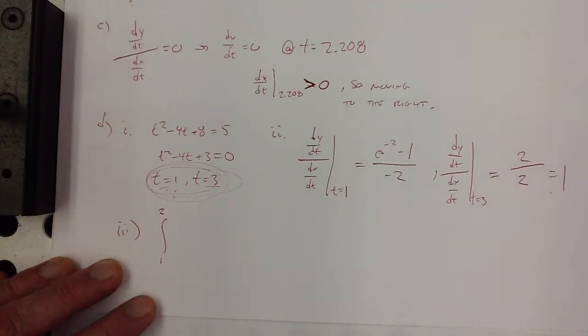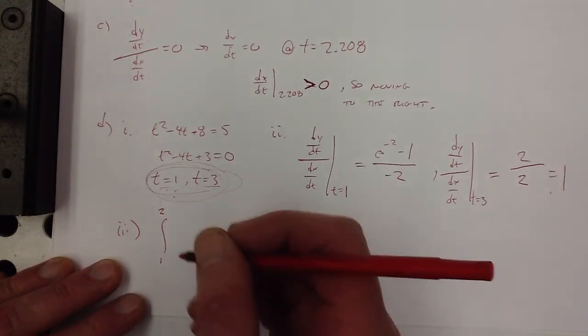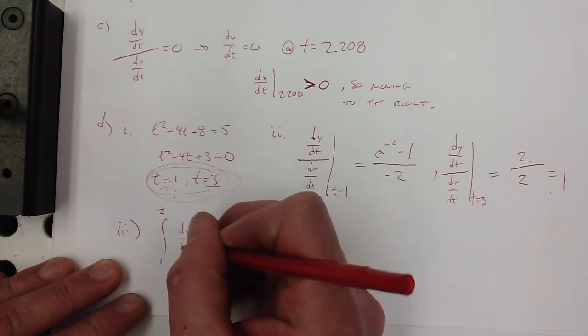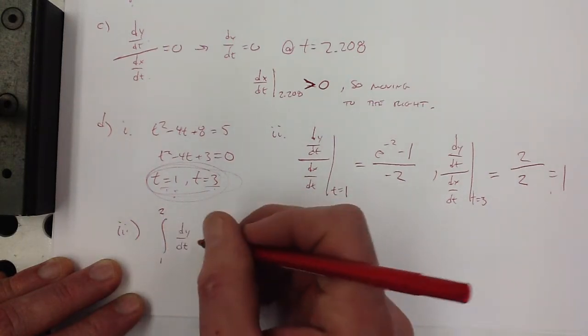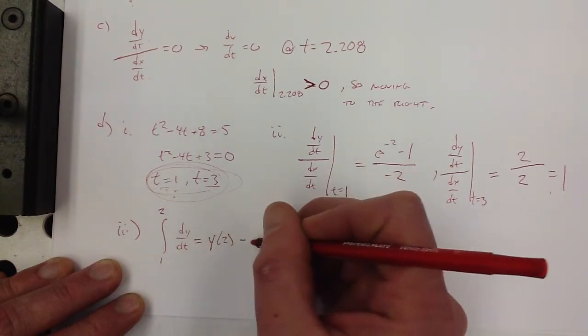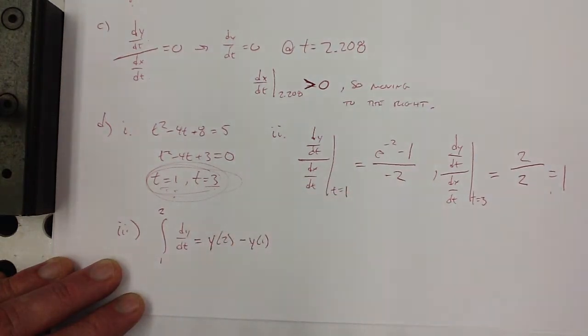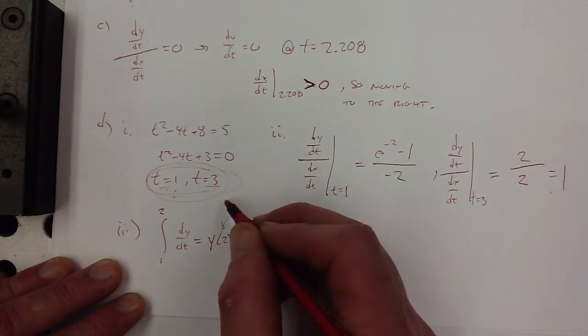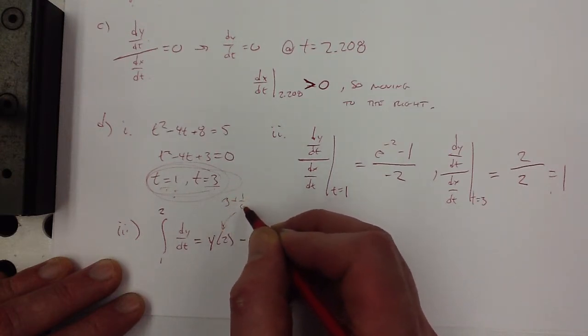Maybe I'll do both for you real quick just to show you that you get the same thing. The integral from there to there of dy/dt is equal to y of 2 minus y of 1. And I know that this is 3 plus 1 over e.